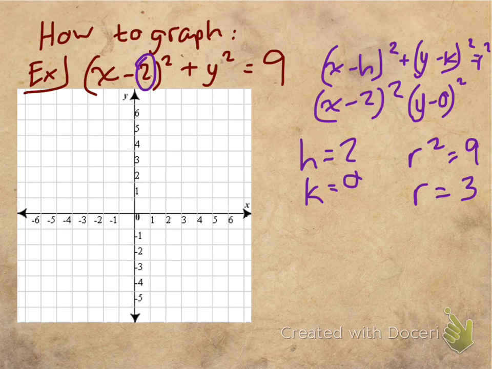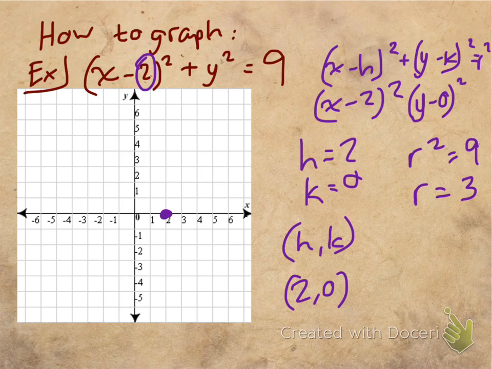So my center, again, is (h, k), which in this case is going to be (2, 0), with a radius of 3. So what I'm going to do is I'm going to go to (2, 0), so to the right 2, up and down 0, that's my center there, and my radius is 3. Here's what I think the best strategy is when graphing this. Some students are going to want to be like, oh, I'm going to go up here 3. Well, that's not actually 3, right? That's not a distance of 3.